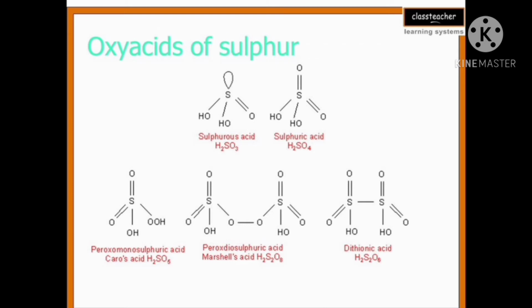Then peroxodisulfuric acid, also called Marshall's acid, with formula H2S2O8. Here two sulfur atoms are bridged with two oxygen atoms. And last, dithionic acid, with two sulfur atoms adjacent to each other, having formula H2S2O6.